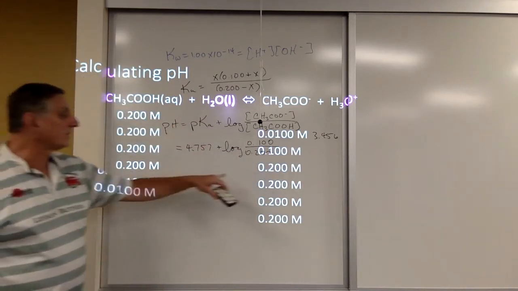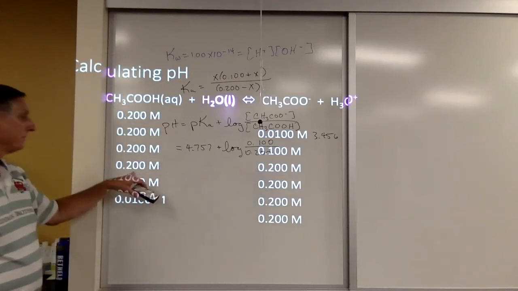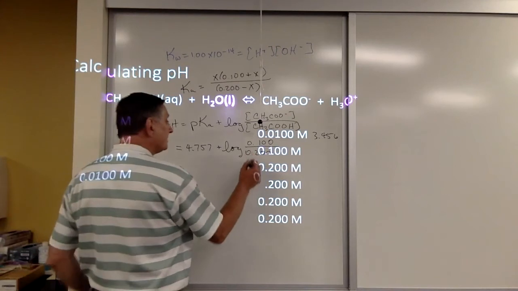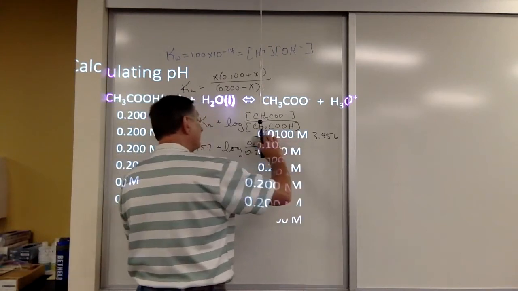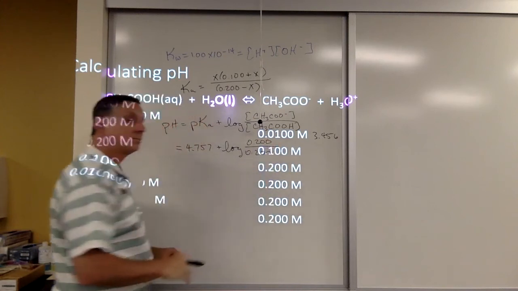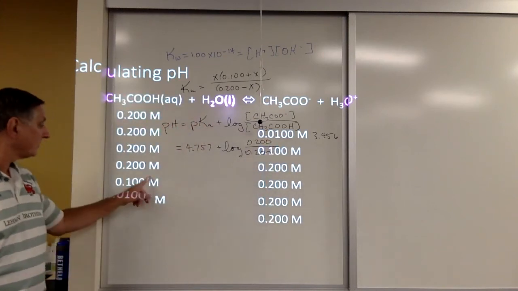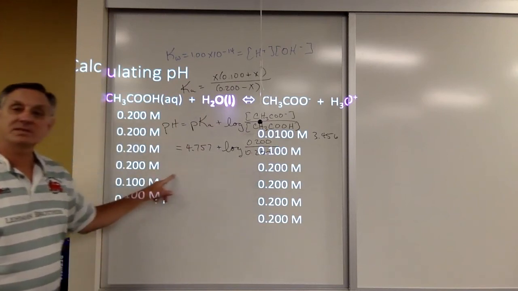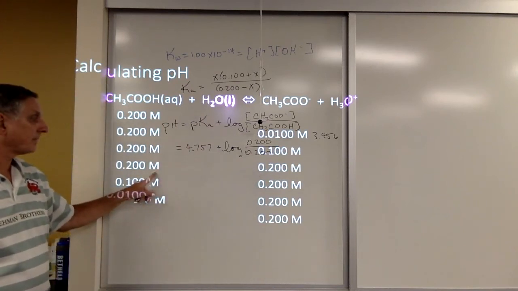Here, the two concentrations are equal. So this becomes 0.200 over 0.200 for this system right here. We have the same concentration of each.